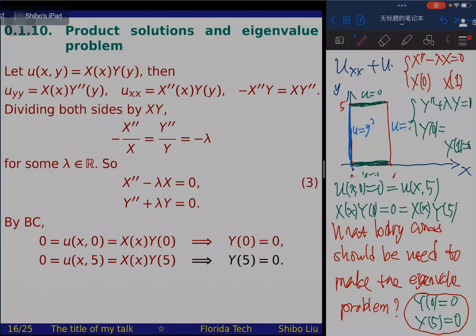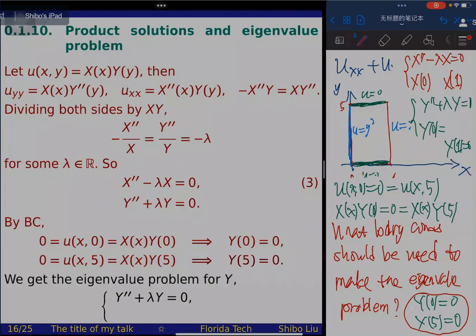So Y(0) is 0, Y(phi) is 0 under the ODE for Y, constituting our eigenvalue problem. This time not for X, for Y. Instead, it is a boundary problem for the factor Y. Okay, so this is the eigenvalue problem. So this completes the second question.